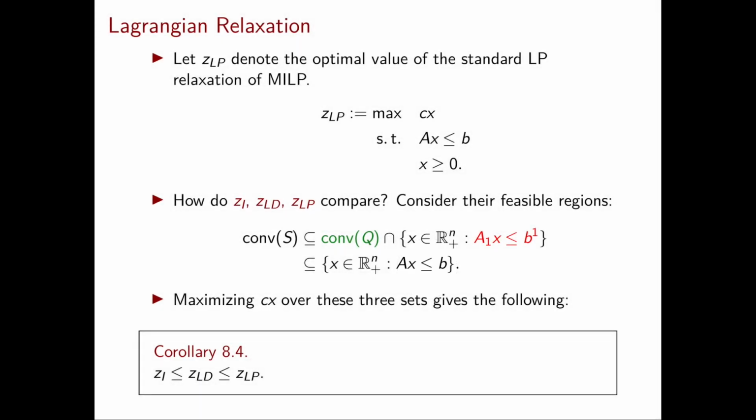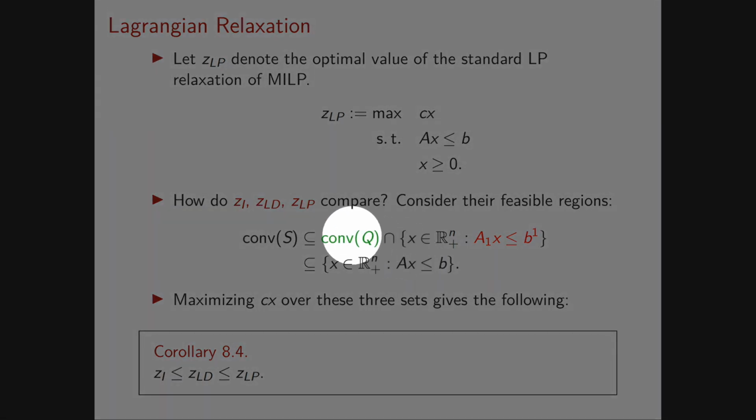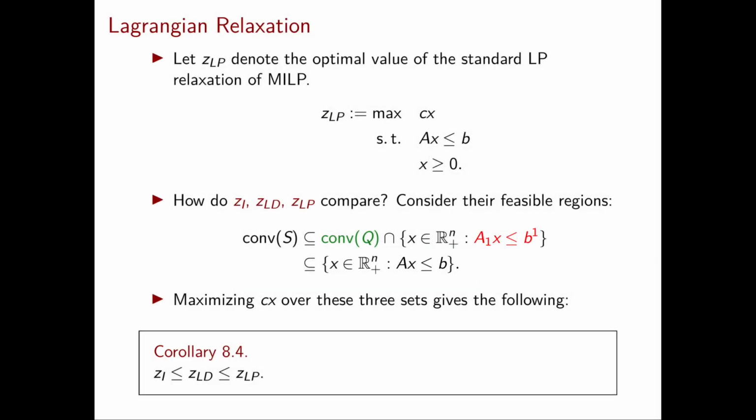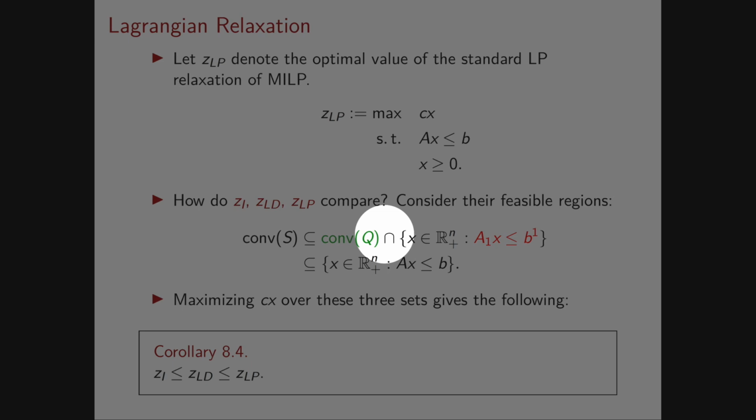Now clearly S is contained in Q, it satisfies non-negativity, it satisfies the red inequalities, and it satisfies also the remaining green inequalities. Therefore, S is contained in this intersection and in this set, and since both sets are convex, they also contain convS.